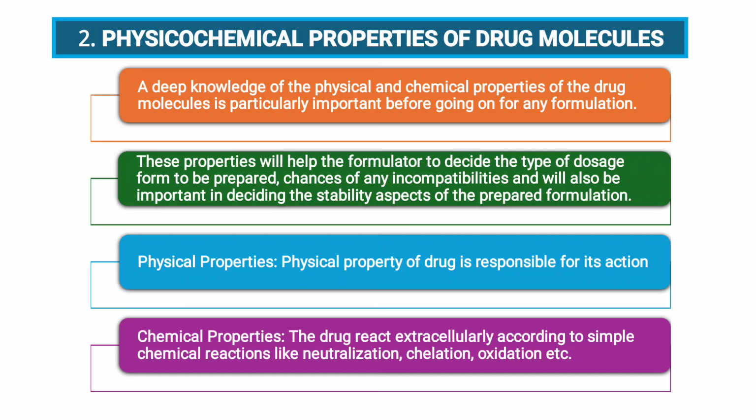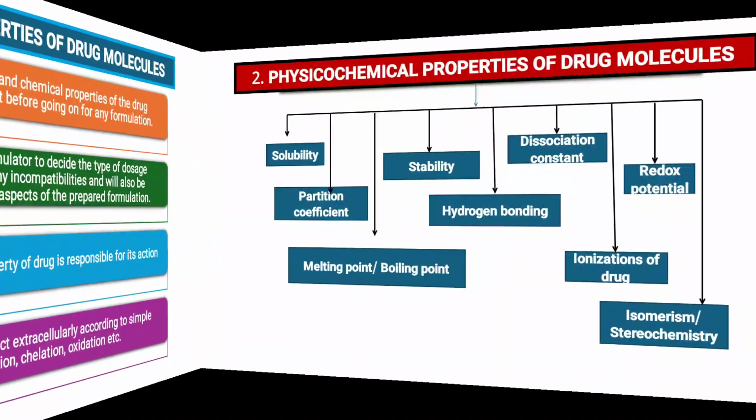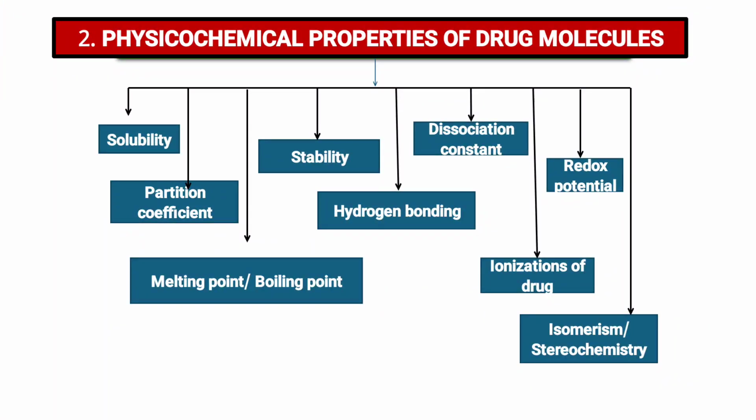This is the answer: physicochemical properties such as particle size, charge, and chemical properties. The different physicochemical properties are solubility, partition coefficient, melting point, stability, hydrogen bonding, dissociation constant, ionization of drug, isomerism, stereochemistry, and redox potential.